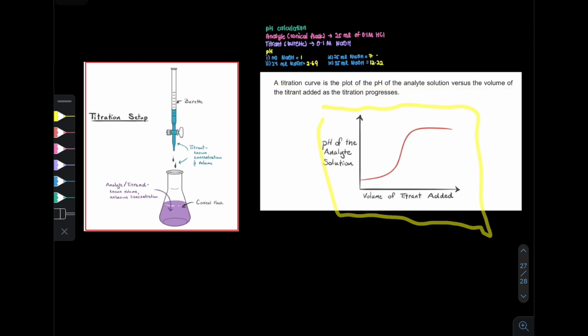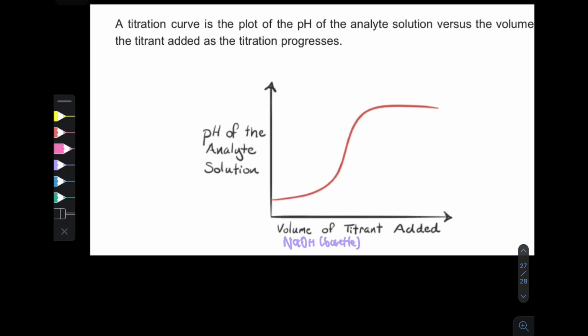The volume of titrant added means our titrant, which is in our burette. So this is actually our sodium hydroxide, which is in our burette. And the pH of the analyte, or the pH of the HCl solution when it already mixes our acid and base, is in our conical flask.